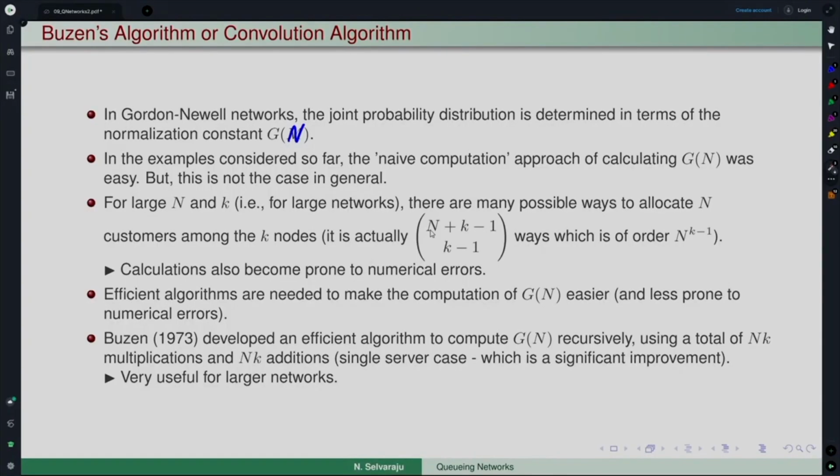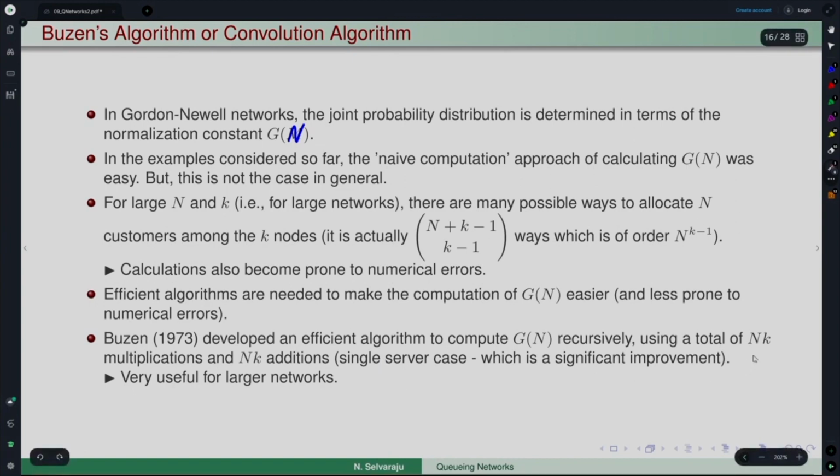But once you have computed rho 1, rho 2 and so on up to rho k, then it was only the question of how to compute this g of n efficiently. One such algorithm was given by Buzen in 1973, which turns out to be an efficient algorithm to compute g of n, but it does use a recursive scheme to compute this g of n.